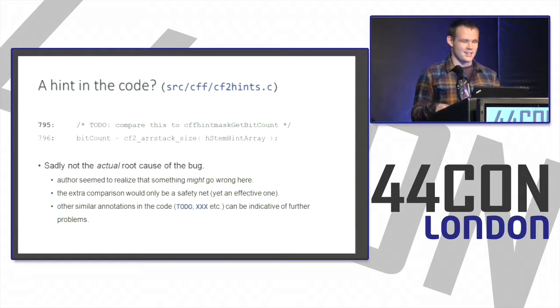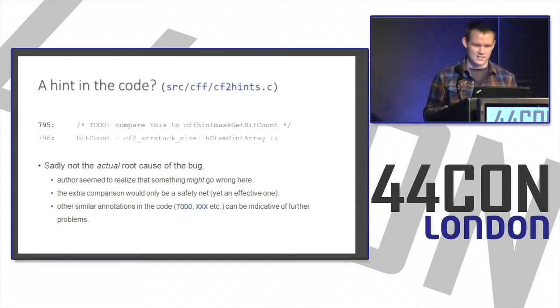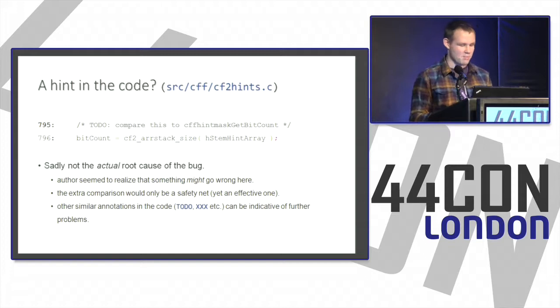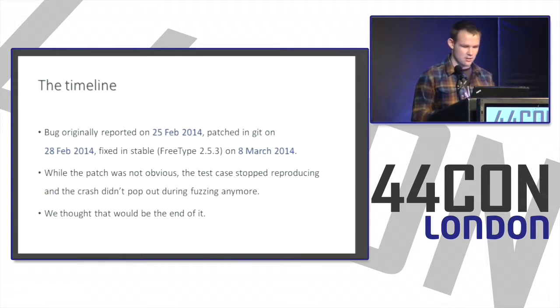But the author of the code still seemed to realize that something might go wrong there, and they wanted to add a safety net to check that a wrong condition wouldn't happen. The extra comparison would only be a safety net, but it would prevent the bug from being exploitable. And it's a good thing to keep in mind, because there might be other TODO or XXX statements inside of the code that might indicate some interesting behavior or a bug in there.